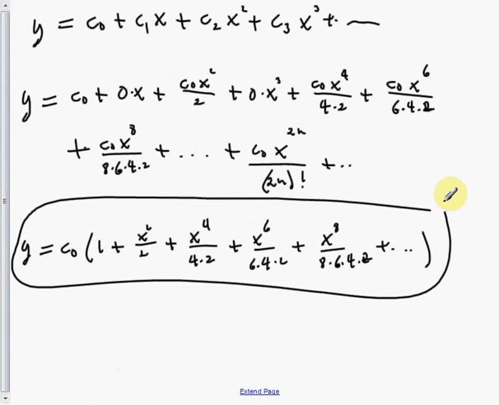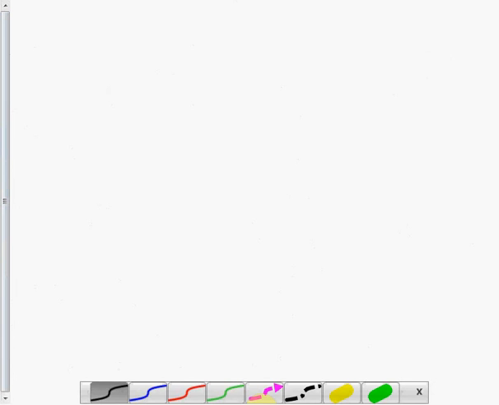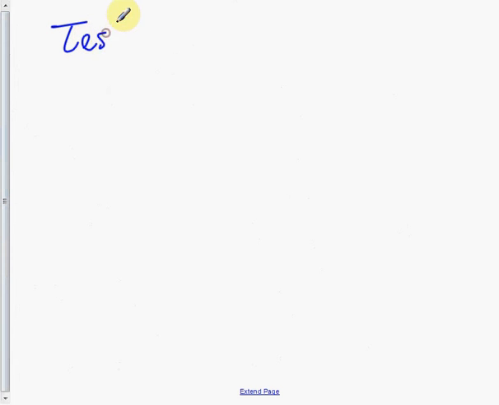Alrighty, for test 4. So on number 1, I'm going to ask you questions in terms of being able to determine whether or not, for a given power series, you have ordinary or singular points.